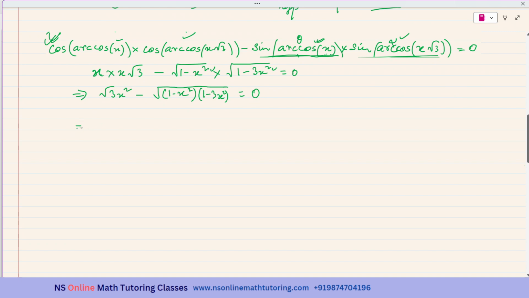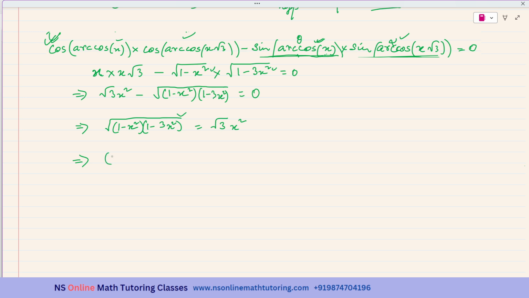So what I can do is I can write this as 1 minus x square times 1 minus 3x square is equal to root 3x square. Okay, and I'm squaring both the sides so that I can get rid of this square root.